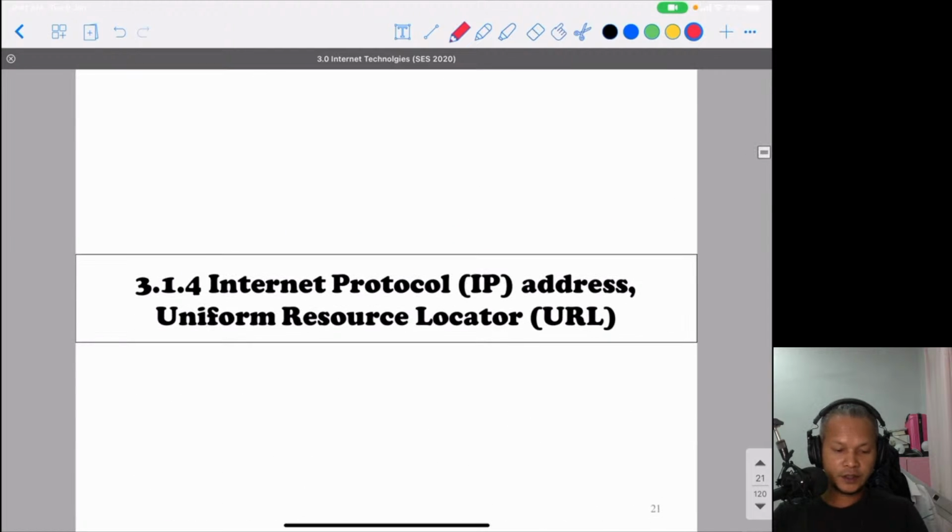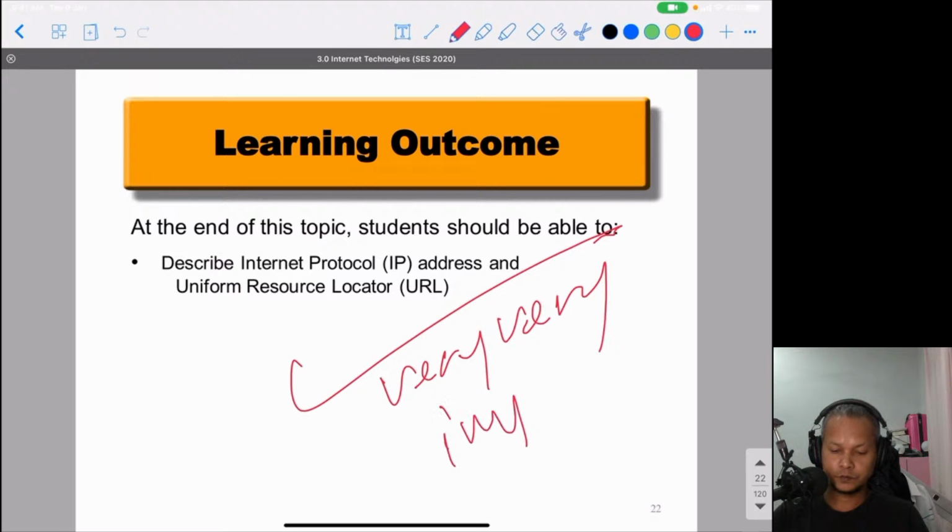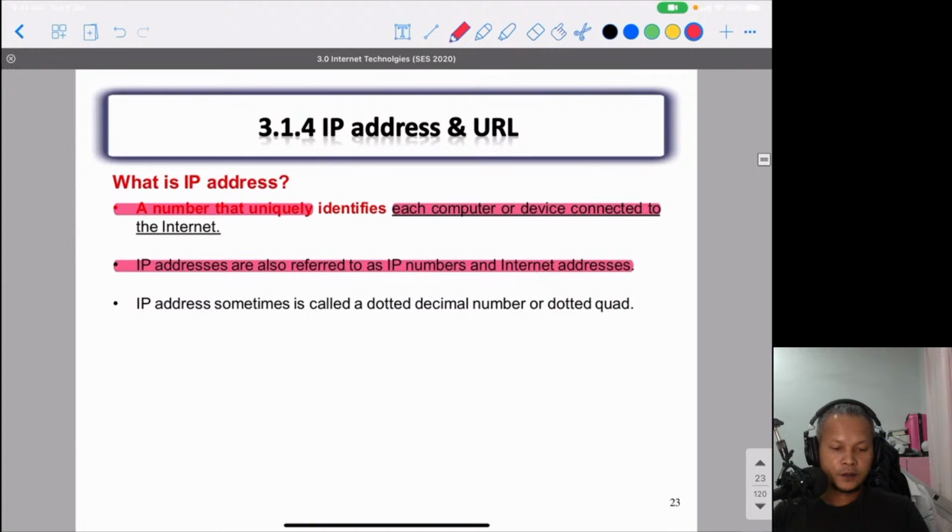Okay, and then Internet Protocol, IP, and Uniform Resource Locator, URL. You need to describe Internet Protocol and then URL. This is very important. What is IP?